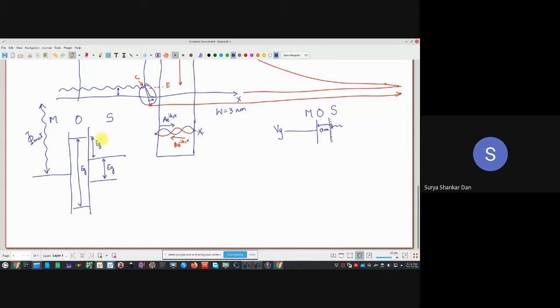So Eg of the oxide, so I'll just put here EgOx minus EgSi. Of course, this is not the same, so take it with a pinch of salt. I shouldn't write it also, because this is not at the same level. There are certain expressions. So this is basically the band offset. So let me just call it the band offset. Okay? Everybody with me?